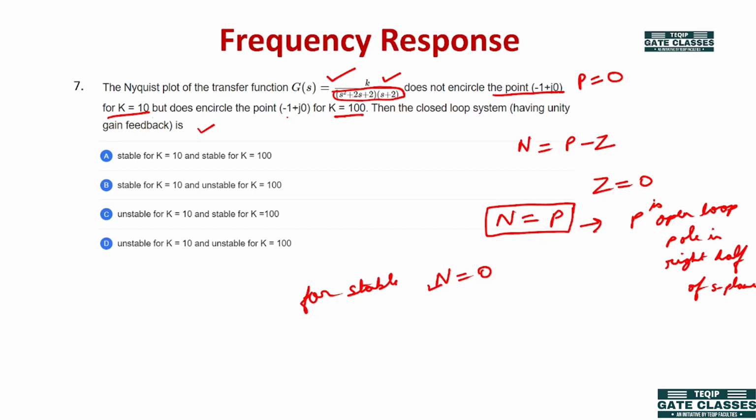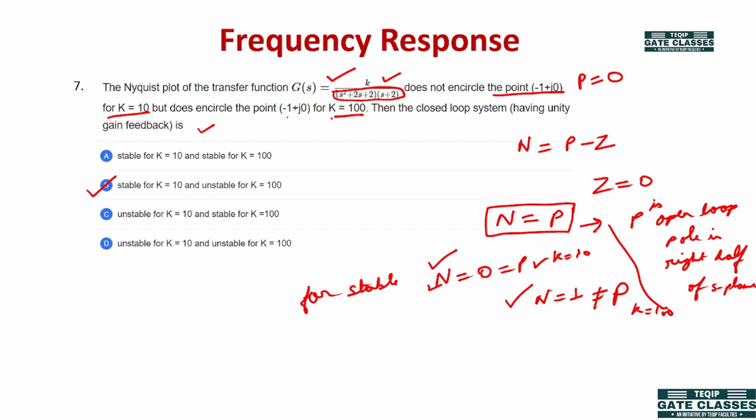So when K is equal to 100, N is equal to 1, which does not satisfy the condition N is equal to P. So for K is equal to 10 the system is stable, and for K is equal to 100 the system is unstable. So stable for K is equal to 10 and unstable for K is equal to 100.